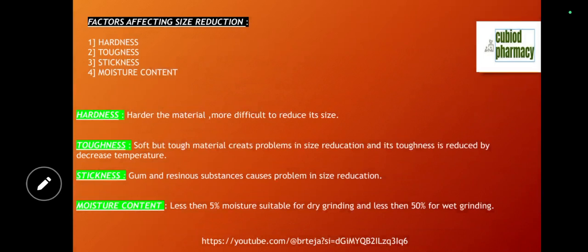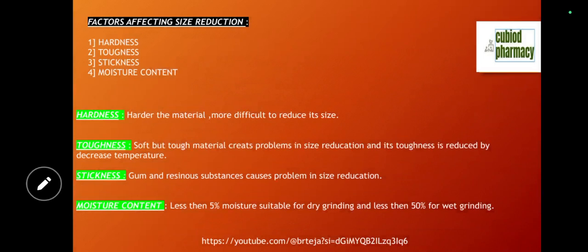Next one, toughness. What is the meaning of toughness? Soft but tough material creates problems in size reduction, and its toughness is reduced by a decrease in temperature. Next one, stickiness. Stickiness means gummy and resinous substances cause problems in size reduction.